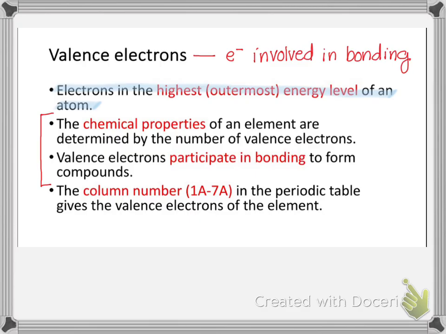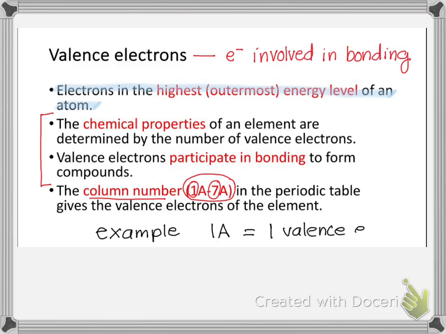Now, there's a really easy way to figure out valence electrons. If it's in the representative elements, which we will get to, the column number, what we call the groups, the number in front of the letter A tells us the valence electrons. So, for example, if you have 1A on the periodic table, this has 1 valence electron.